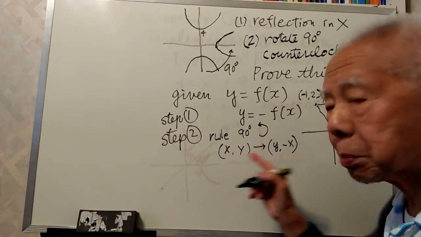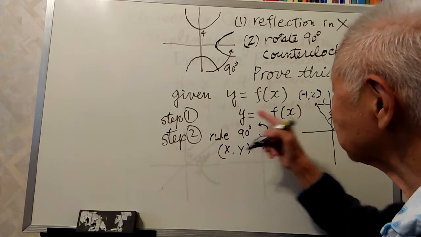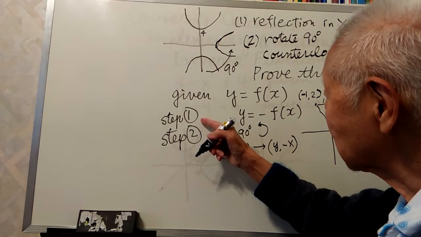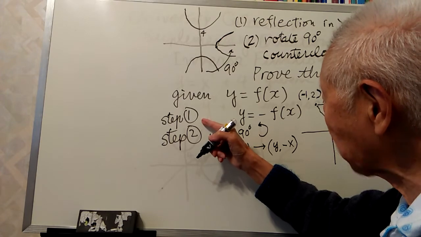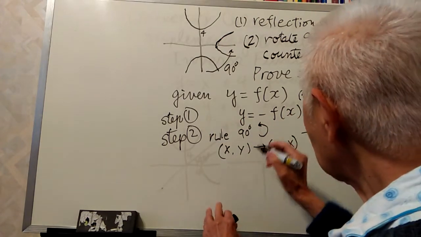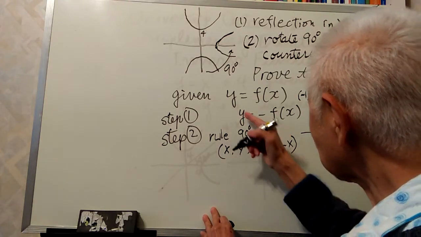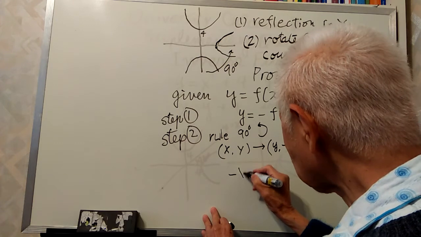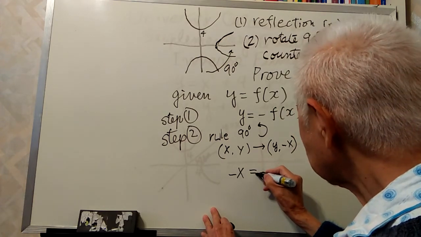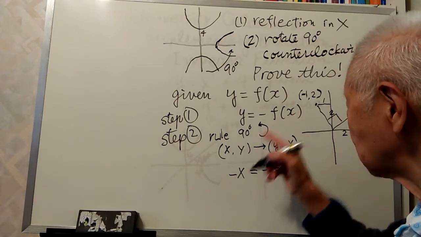So we apply this mathematical result to this. The result of step 1 is this. Then we apply this. Y here becomes -x. So y becomes -x. X becomes what?